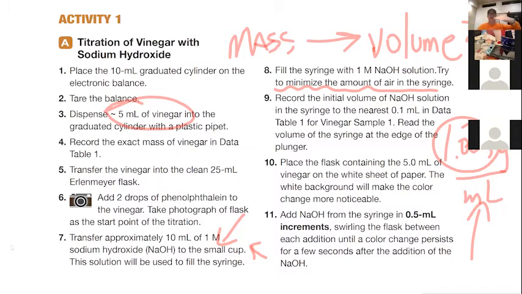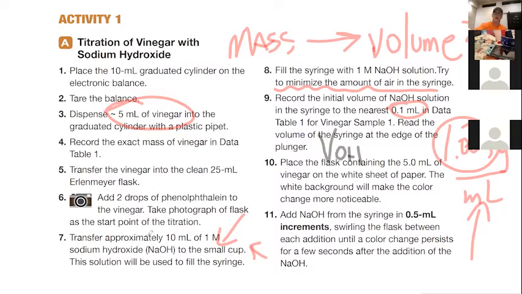So you record the initial volume on the syringe to the nearest 0.1 mils. And then we measure the volume when we're done, again to the nearest 0.1 mils, subtract, and that will be the volume of sodium hydroxide added.